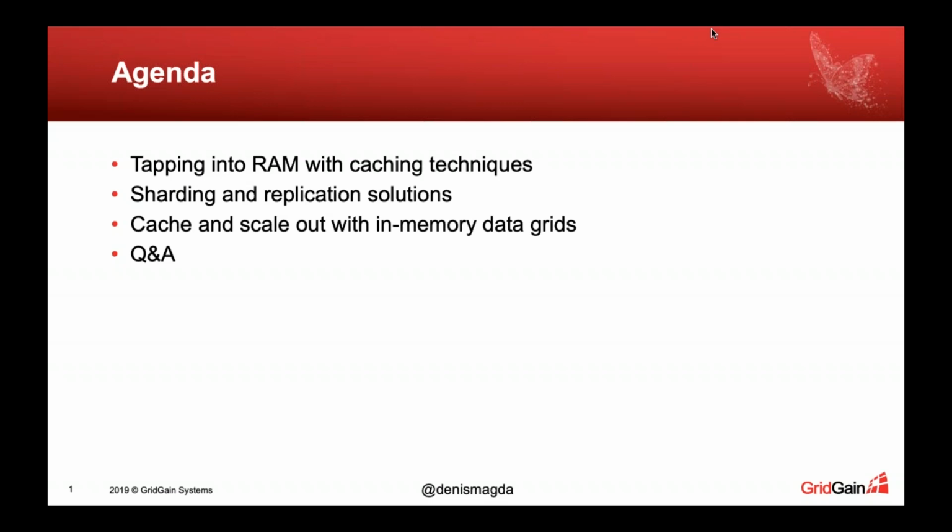And finally, the topic where I'll spend most of the time, as long as my experience falls in memory data grids and in-memory computing in Apache Ignite. We are going to see how caching can be amalgamated with horizontal scalability to boost performance of our Postgres deployments.